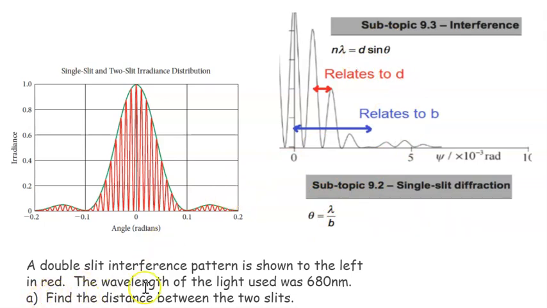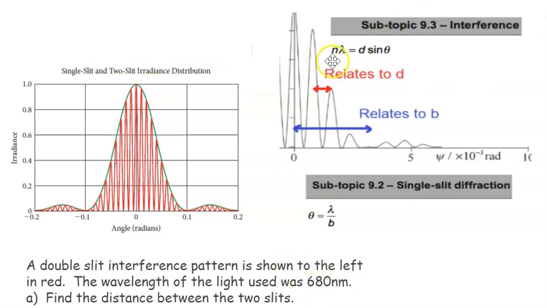The first question, find the distance between the two slits. So between the two slits, that's what we're calling D. That's going to be the smaller of the two, right? So that's this guy. So that's 0.01. That means we're going to use this. Think about the 0.01 radians and go ahead and solve this. Now, if we're thinking about just this one right here, calling that 0.01, then obviously N is 1.